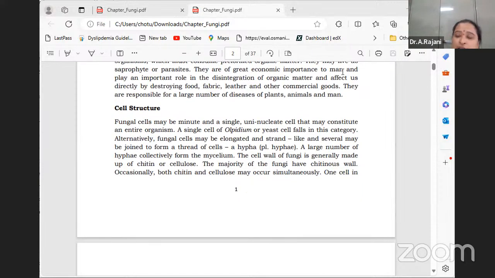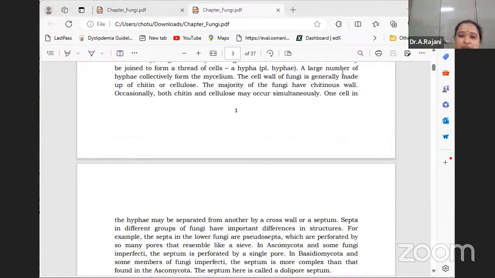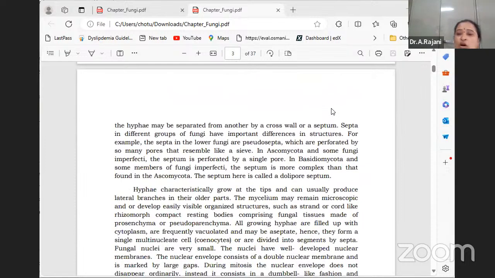See, in the plant body of fungi, just like a plant body, the cells in a hypha may be separated by cross walls. That is called a septum. One hypha separated from another by cross walls; that is called a septum.